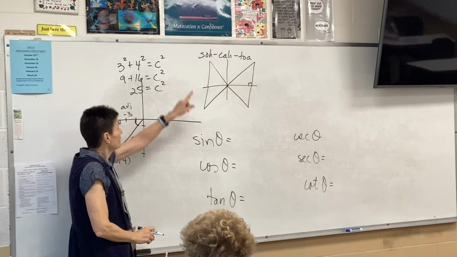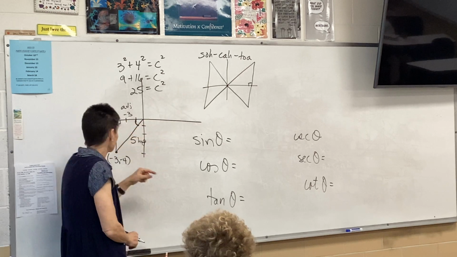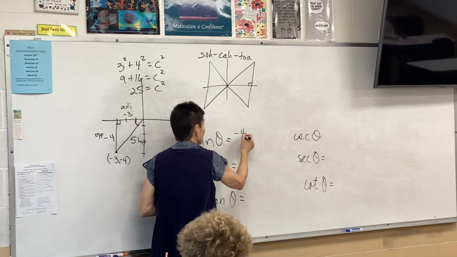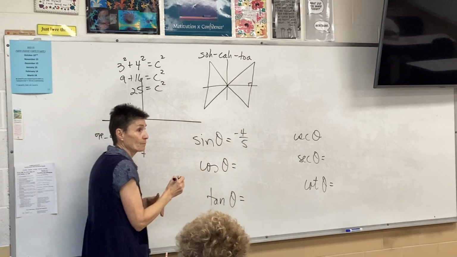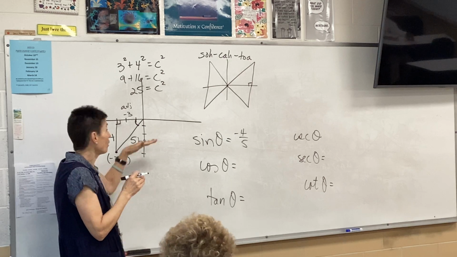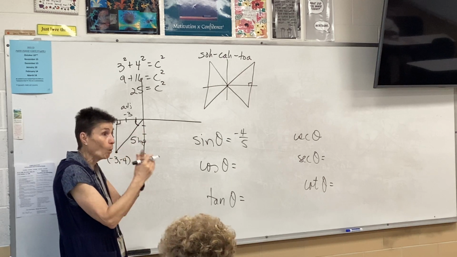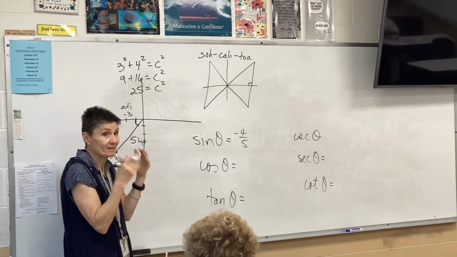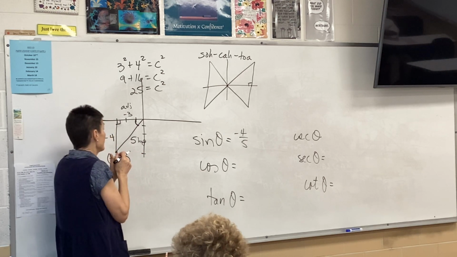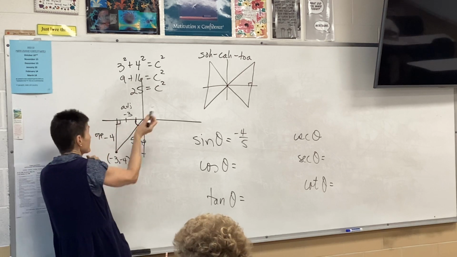Sine is opposite over hypotenuse. So opposite over hypotenuse will be -4/5. When you put your angle in a different quadrant, things are negative. Cosine, what's my cosine?